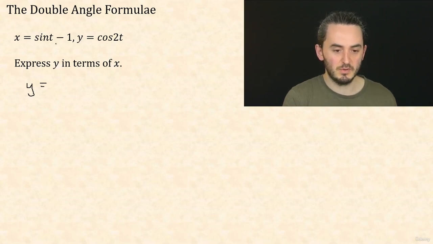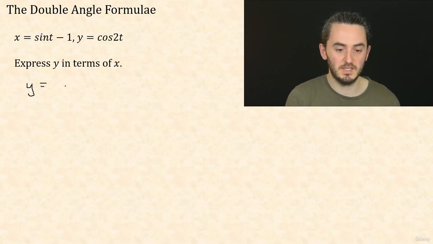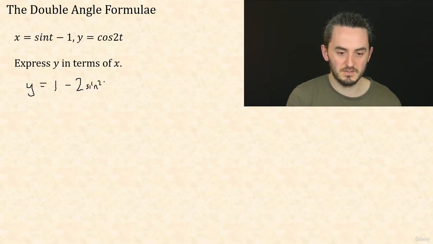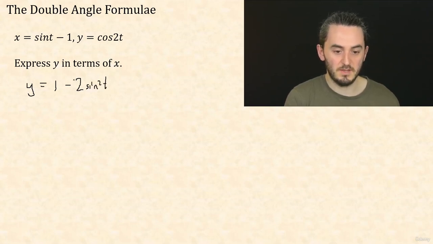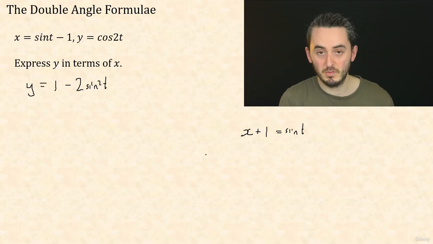Now, since I've got something to do with sine t over here, I could say that cos 2t, the formulation that I want, is 1 minus 2 sine squared t, right? That's just one of the cos double angles. Now, can I express sine t in terms of the stuff over here? I can, because look, x plus 1 is sine t, but I've got sine squared t here.